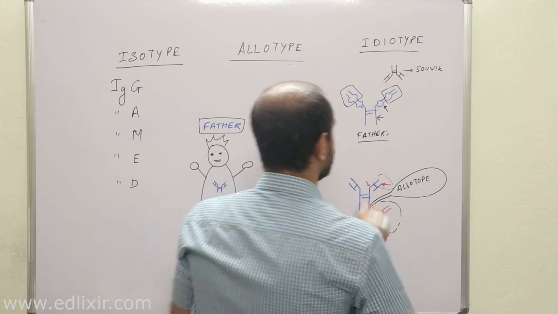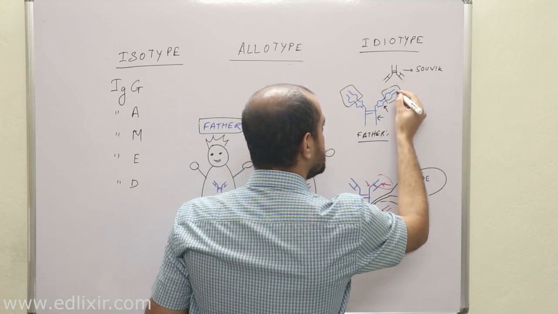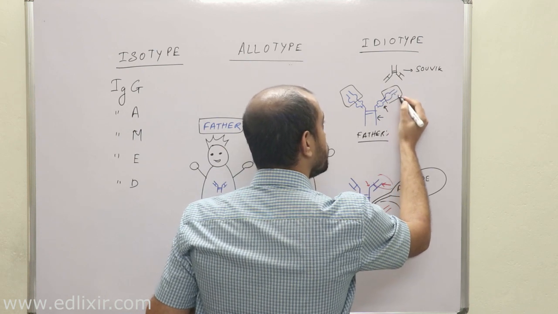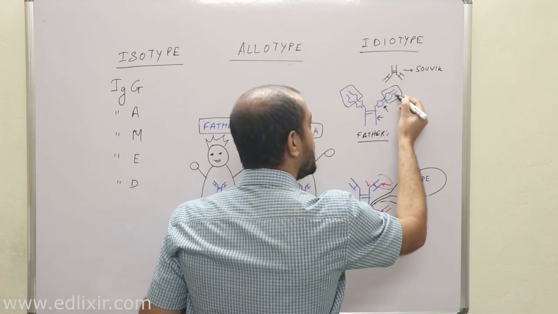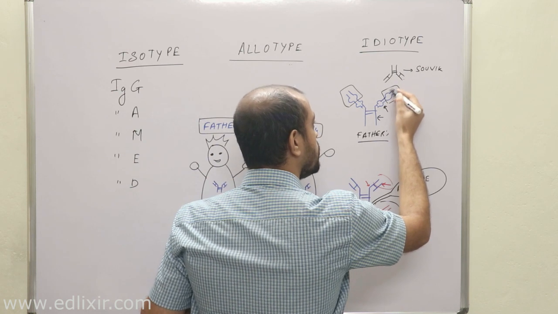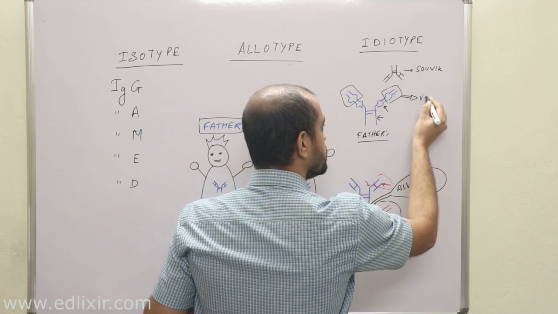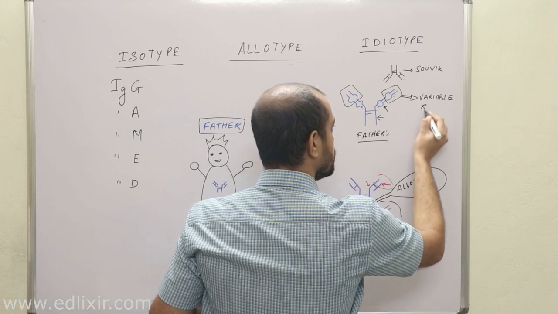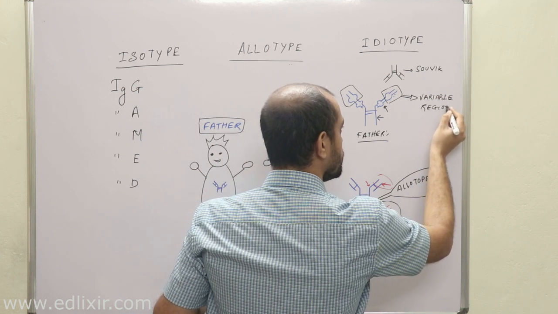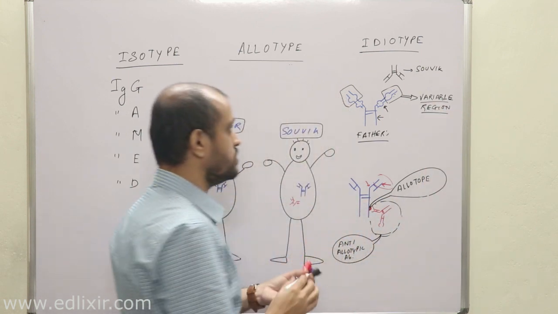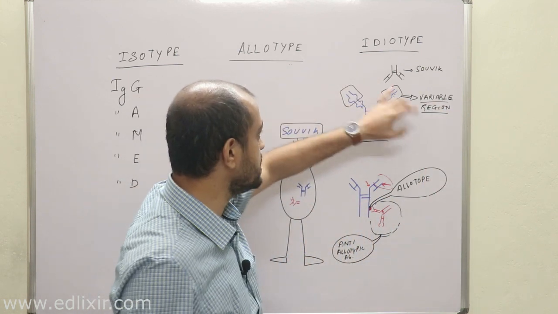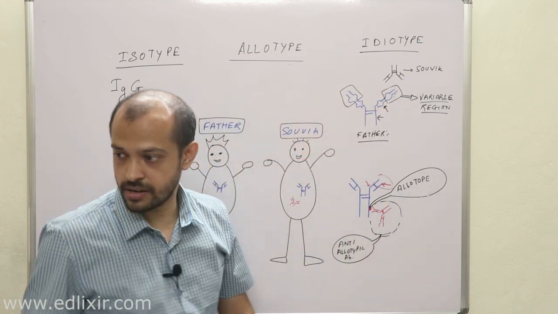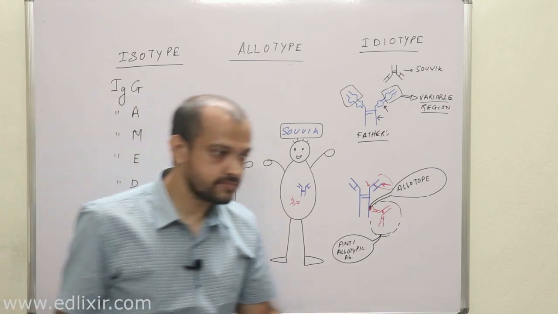My antibodies will bind with either the light chain variable region or the heavy chain variable region. Clear to everyone? Okay.